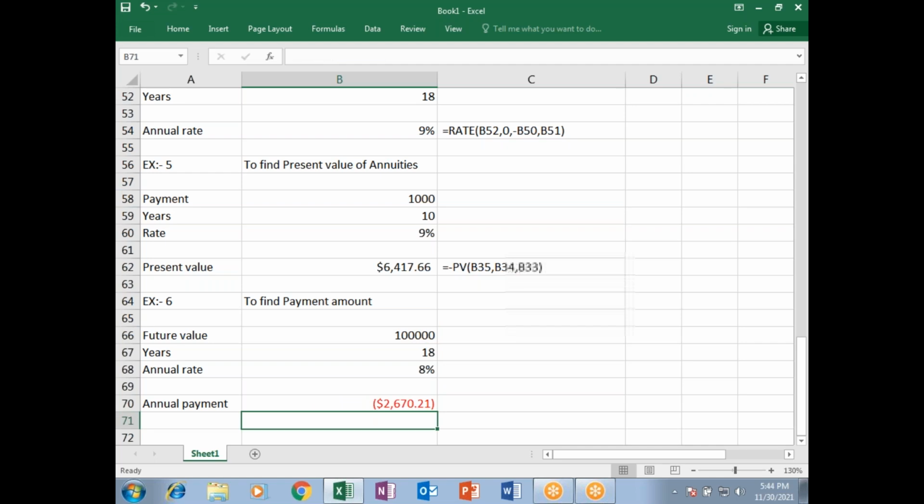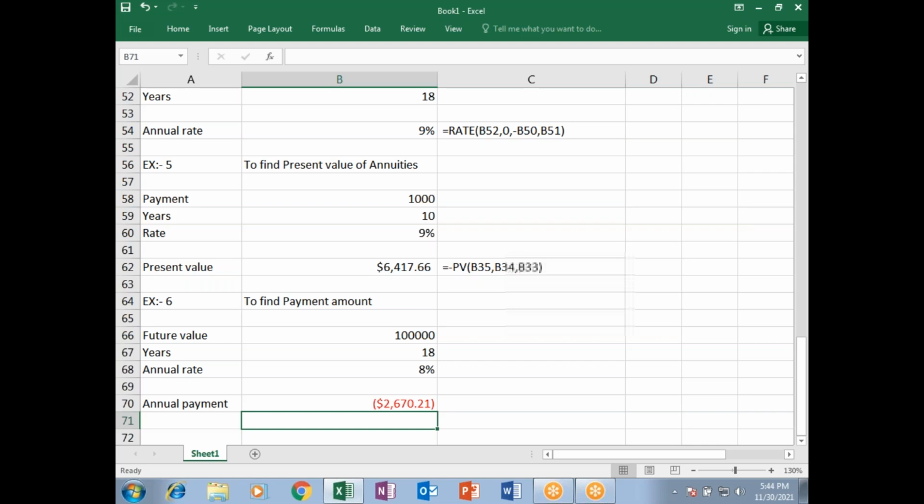See, whenever you are doing the particular statement, say for example, if I wanted to specify the present value, then to represent the positive, I'll give a minus to get the positive value. But if it comes to the future, I'll leave that annual payment as negative itself.